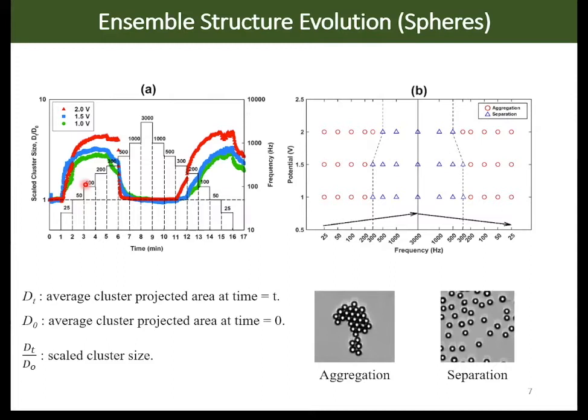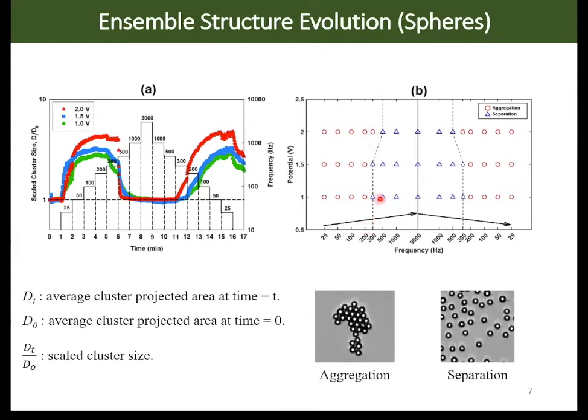The particles experience aggregation in a region where the scaled cluster size is greater than 1 and the slope is positive, and experience separation when the scaled cluster size is equal to 1 or the slope is negative. The data from figure A were used to formulate a structure diagram in figure B. The dashed line suggests where the ensemble behavior changes, meaning there is a critical frequency experienced by the spherical particles.